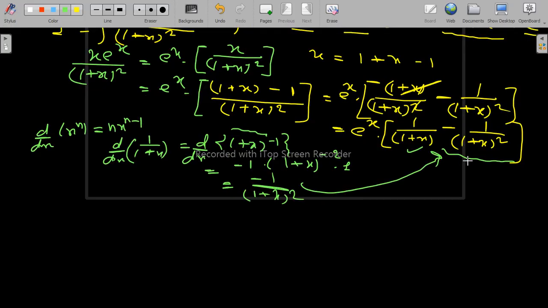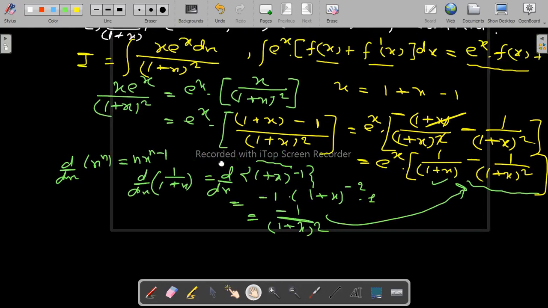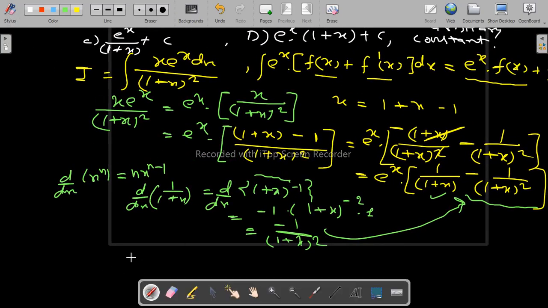So this is the differential coefficient of 1 by 1 plus x. Now we have expressed this term as the sum of two functions in which one is the differential coefficient of the other.